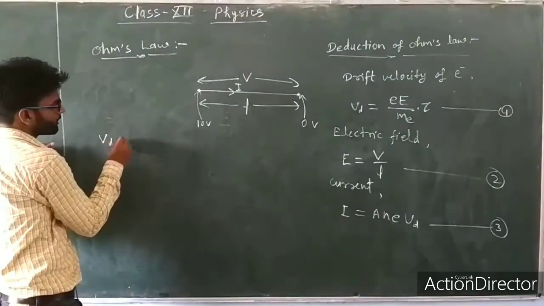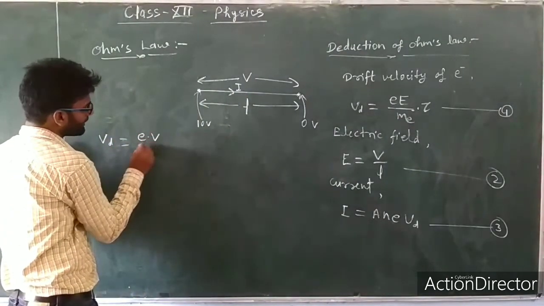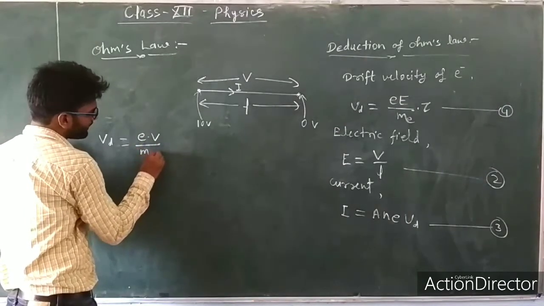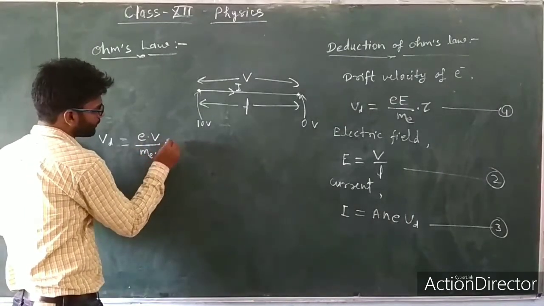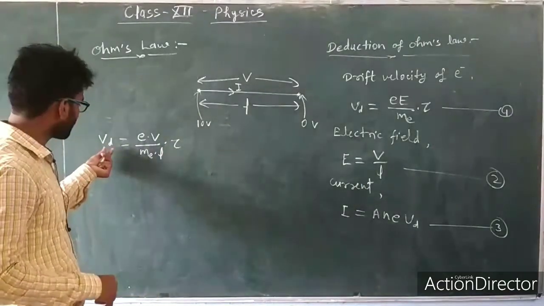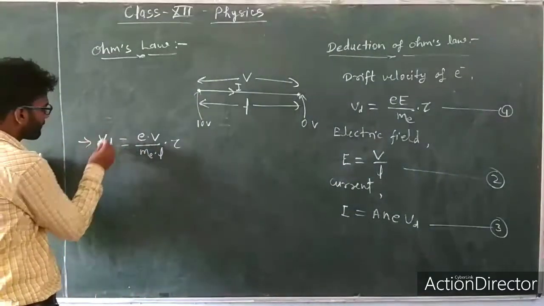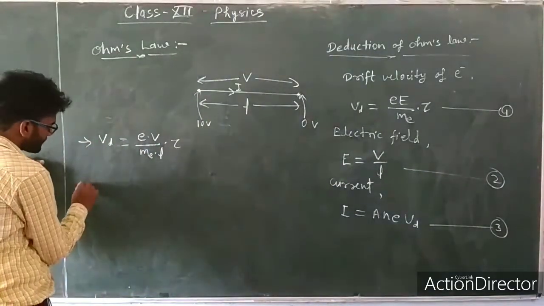So we can put the value of electric field in equation 1 from equation 2. Vd is equal to e into V divided by m_e into L into tau, right? Now we can apply this Vd value in equation 3.